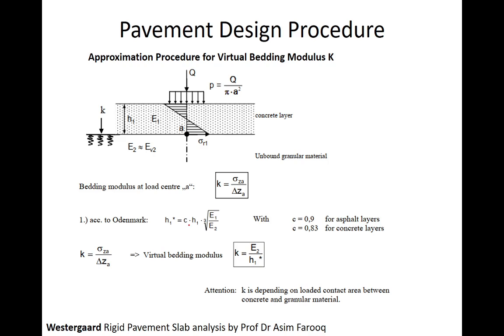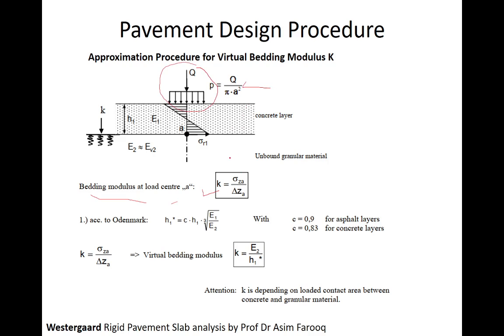Just to give you a little idea, assume we want to analyze the bedding modulus value K. We should consider the wheel load acting from the top, in a circular position, so we can determine the contact pressure.